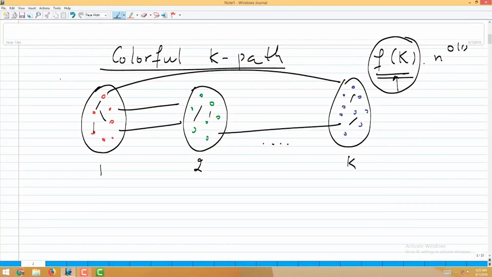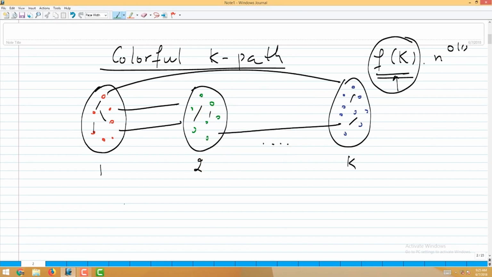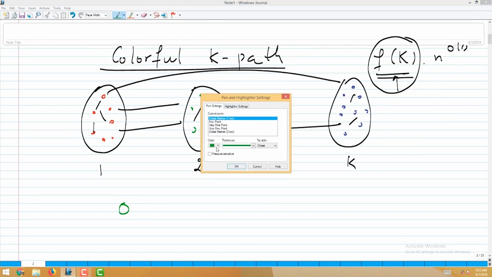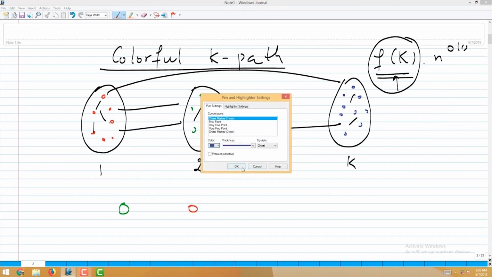Once you have guessed an ordering, suppose I guess that the path I'm looking for will have its first vertex green in that path. Suppose I guess that, and let's say I guess that the second vertex will be red, and the third vertex will be blue.